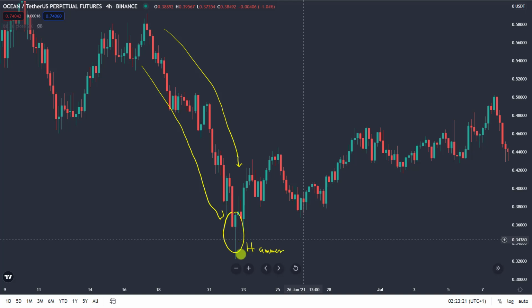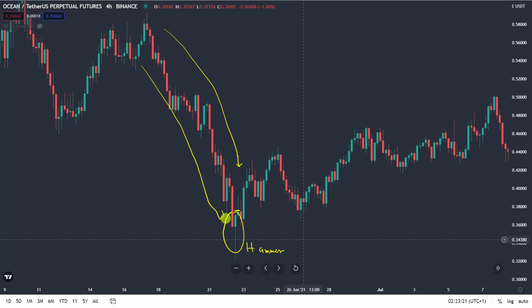This is the end of the downtrend, and now that the hammer has formed, to trade this formation we would wait for the next candle after it to form, and the next candle after this is bullish, is green.